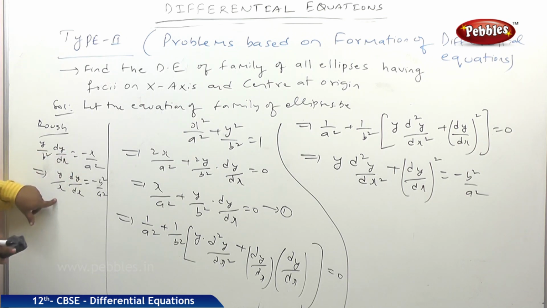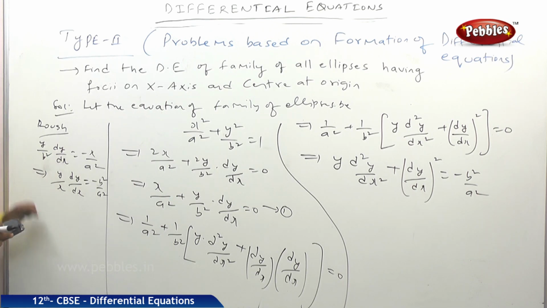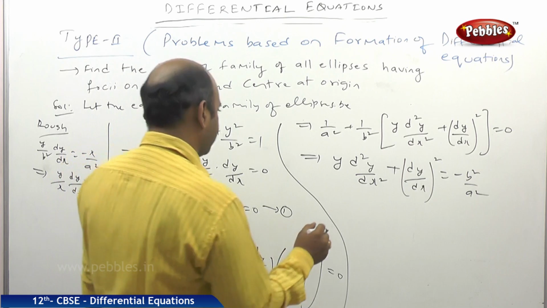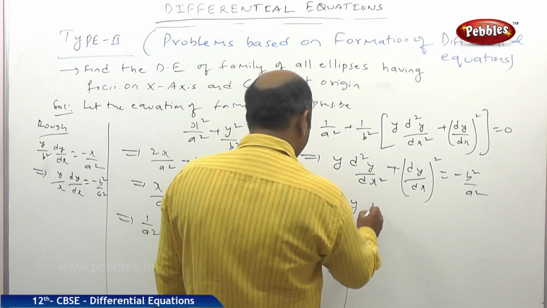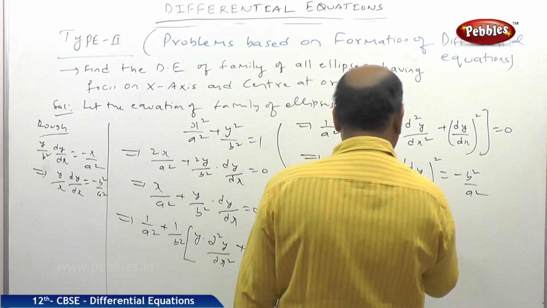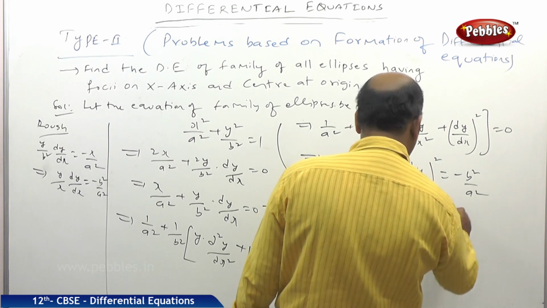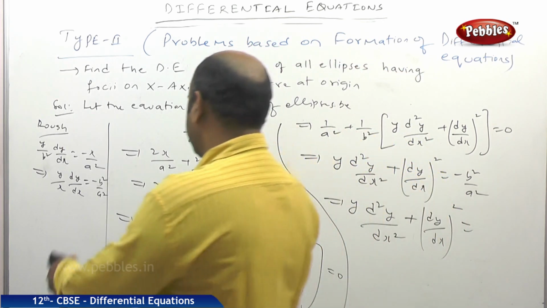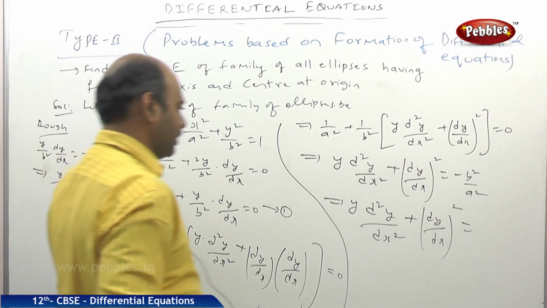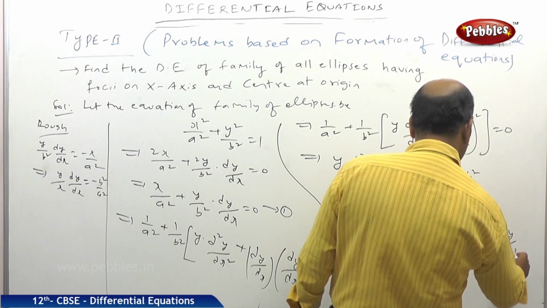That means, or else I will write just simply like this: x coming to this side, y by x dy by dx, b square going to that side means minus b square by a square. So wherever minus b square by a square is coming, I can write y by x into dy by dx. So what happens? That implies y into d square y by dx square plus dy by dx whole square is equal to minus b square by a square, that means y by x dy by dx.